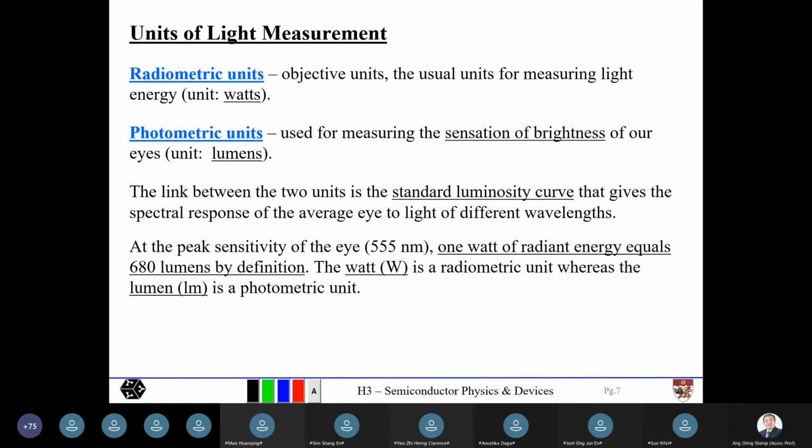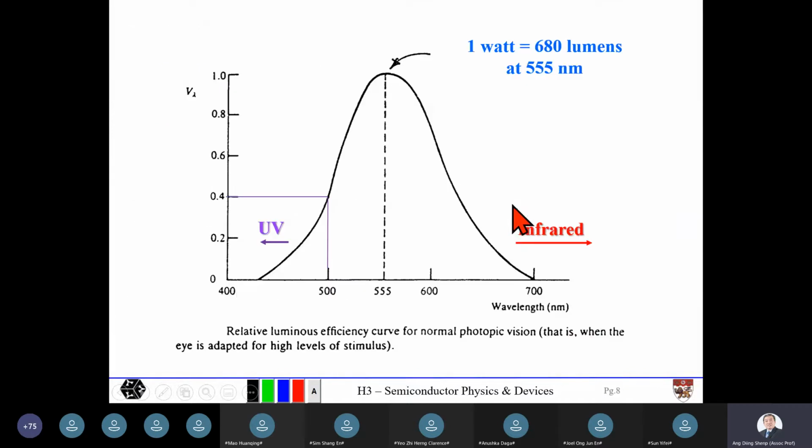Now, how are the two linked? In other words, how is a radiometric unit such as watt linked to a photometric unit such as lumen? They are linked together by a curve called the standard luminosity curve. An example is given on the next slide, so I'll go to the next slide first.